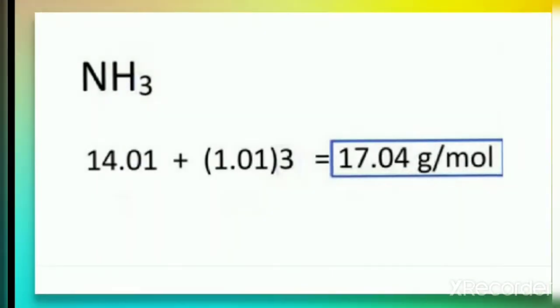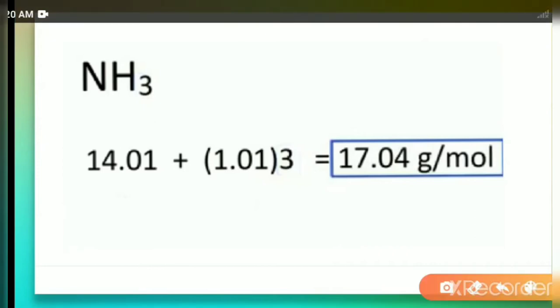So let us do some problems. NH3, that is ammonia. Look at the formula: it has 1 nitrogen and 3 hydrogen.